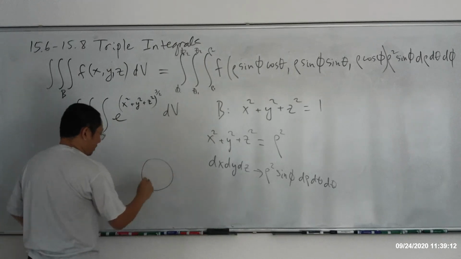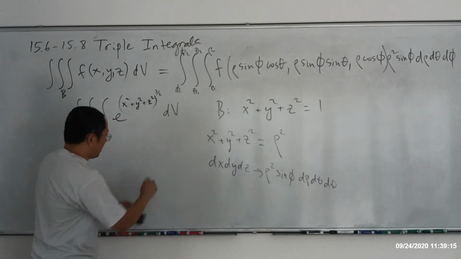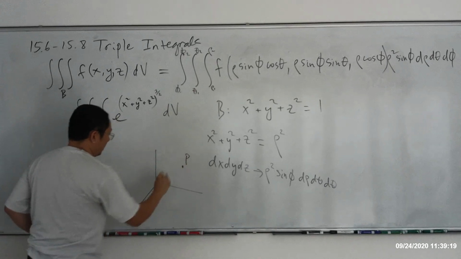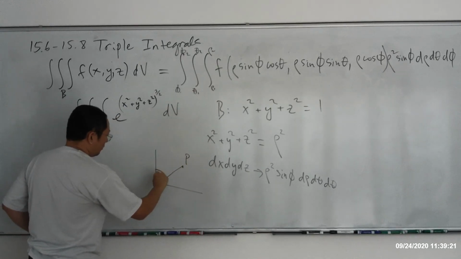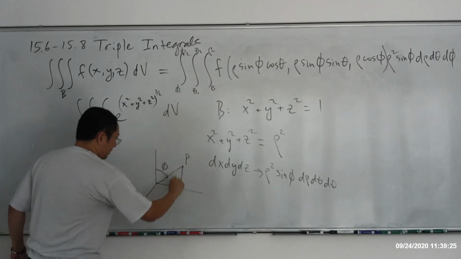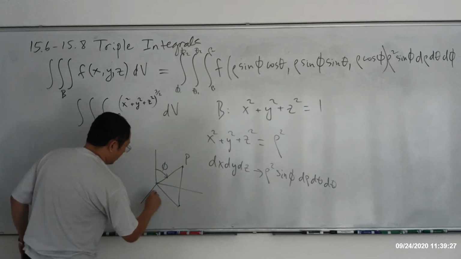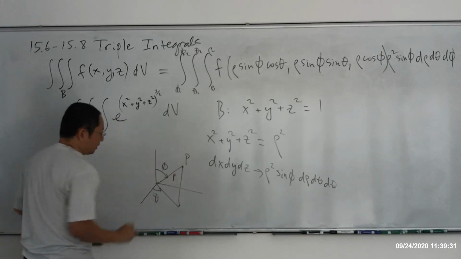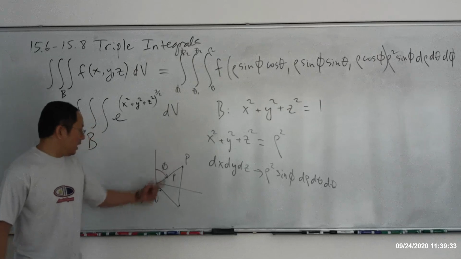One thing that I want you to pay attention to about the spherical: let's write it one more time. Point P right here. The angle from here to here is phi. Down here, the angle is theta, and this is rho. So rho is the radius already.